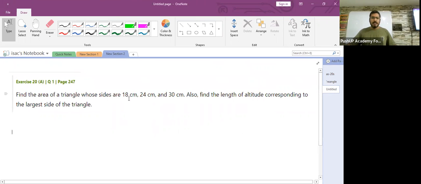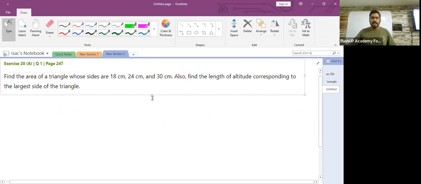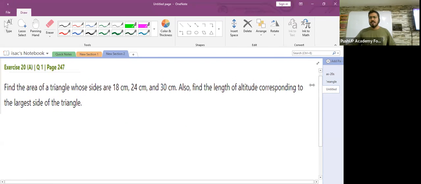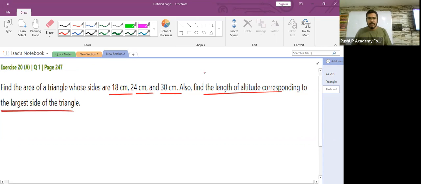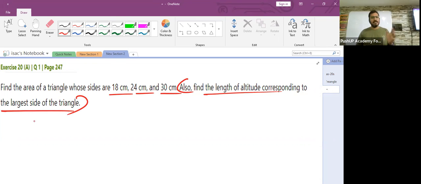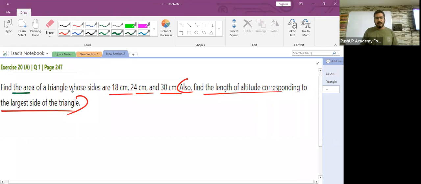They are asking us to find the area of a triangle whose sides are 18, 24, and 30 centimeters. And also find the length of altitude corresponding to the largest side of the triangle. Children, please don't think about the second part of the sum. That will take some time for me to teach you. All right. First of all, let us focus on the first part, finding the area of a triangle whose sides are 18, 24, and 30.